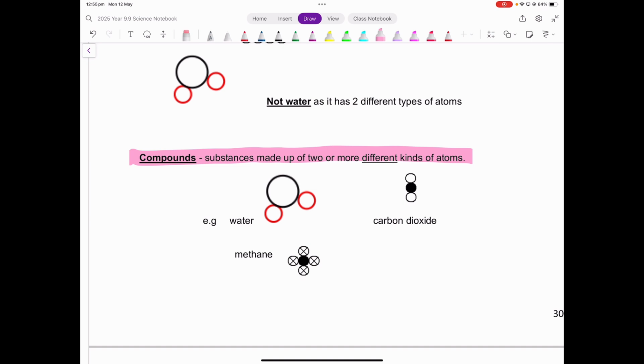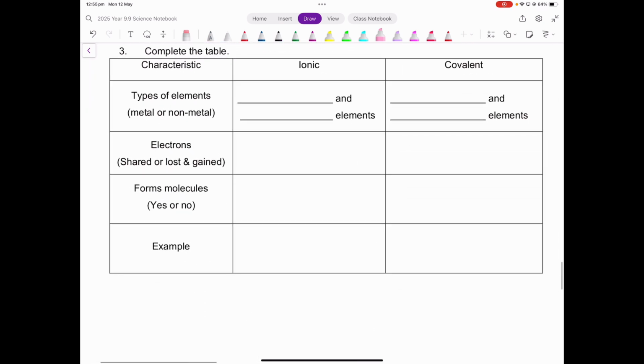Okay? So, our final piece of the puzzle today is filling in this table together. So let's go through. An ionic molecule, the thing that we were talking about before camp, is a compound that is made up of a metal and a what? Very good. When we talk about covalent molecules, so the ones that we've just looked at today, they are made up of 2. Very good. So non-metal and non-metal.